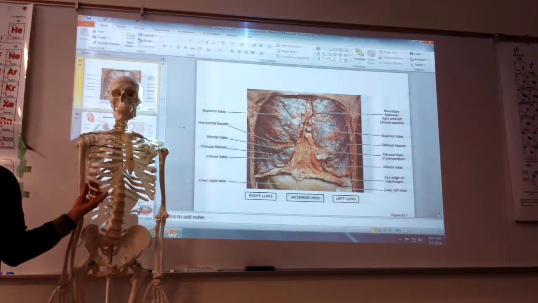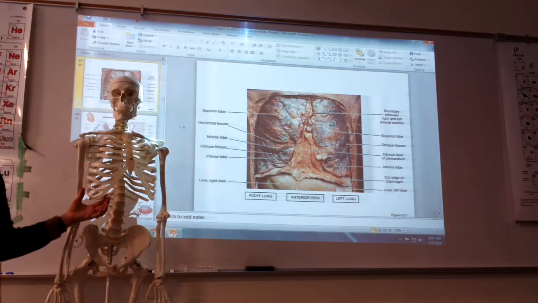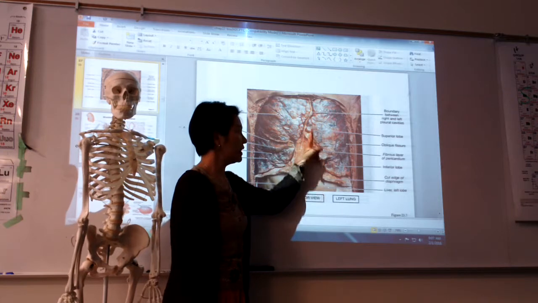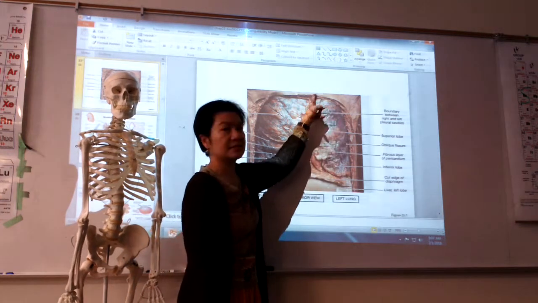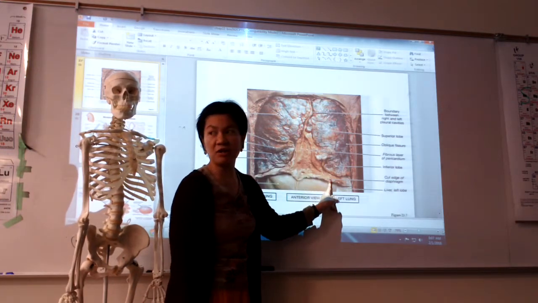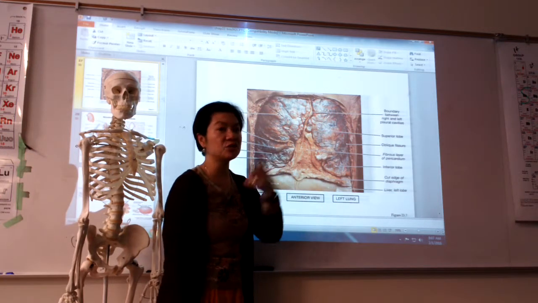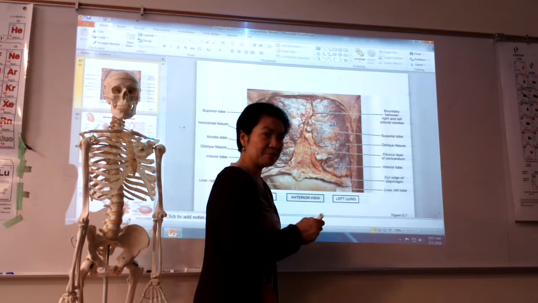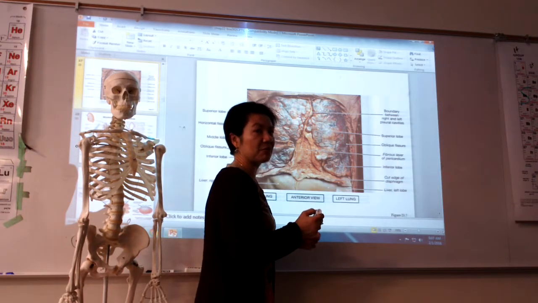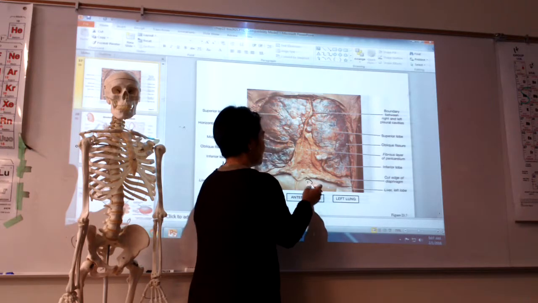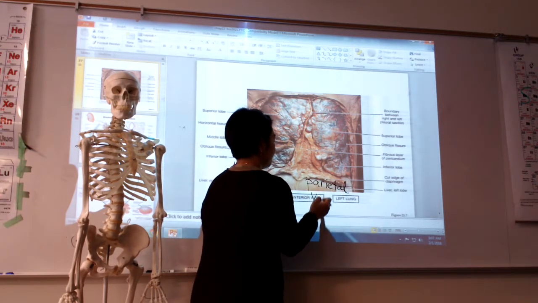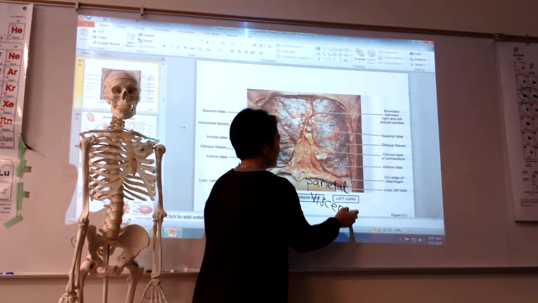So you call that pleura. In the heart, remember, it's called pericardium. So in the lungs, it's called pleura. The membrane that covers your lungs is pleura. And there's two layers. The parietal pleura and the visceral pleura.